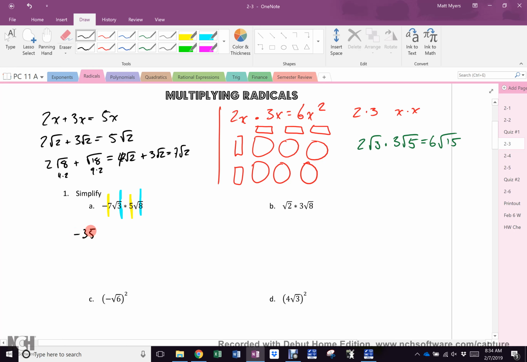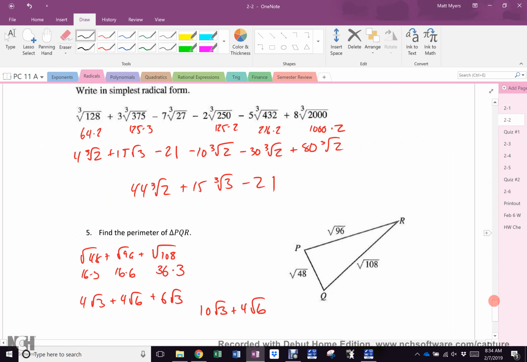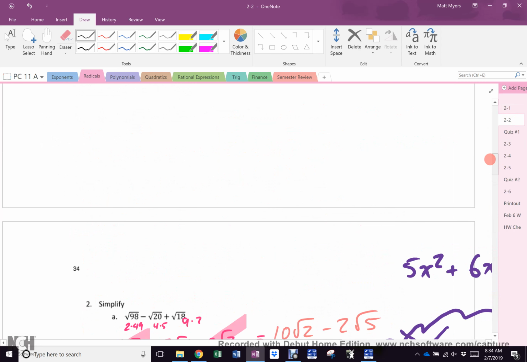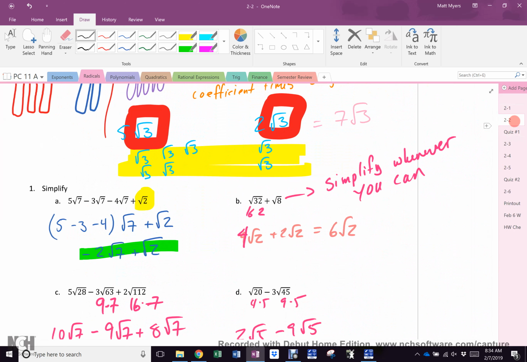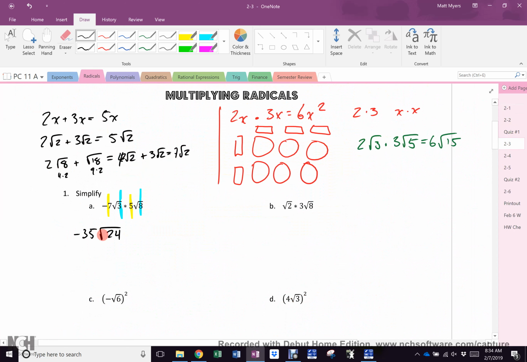Negative 35 root 24. Now, what did he say yesterday when he was teaching the unit? Simplify whenever you can. Is that something that we can simplify? Of course we can, because that is 4 times 6.